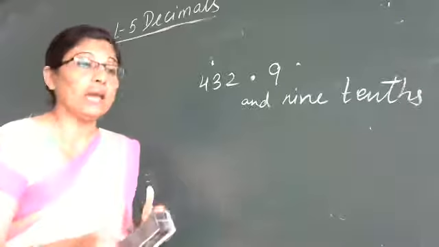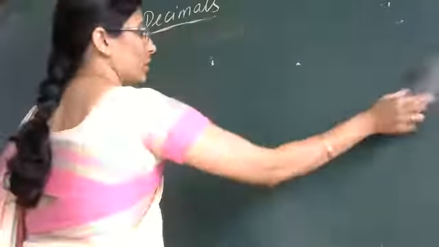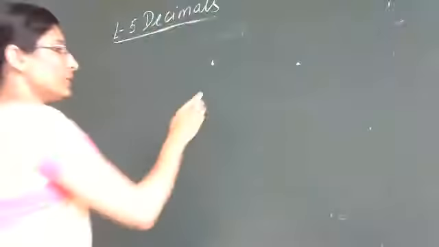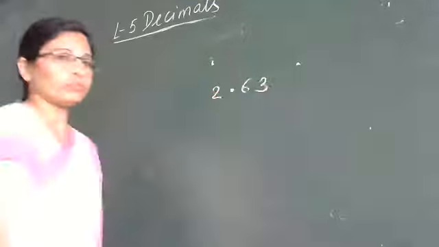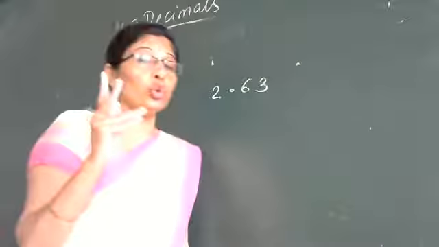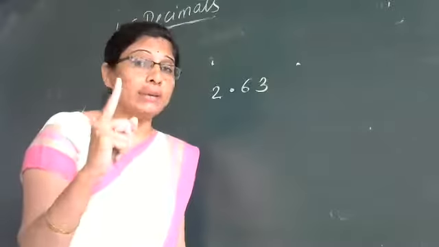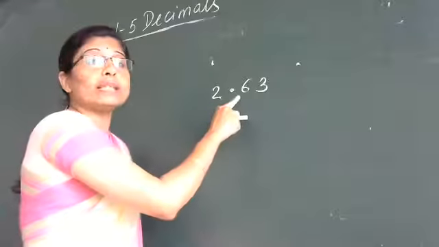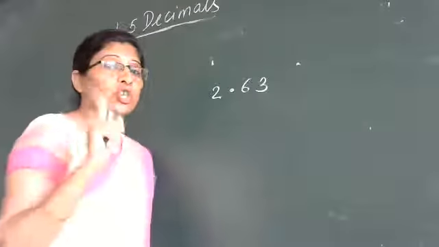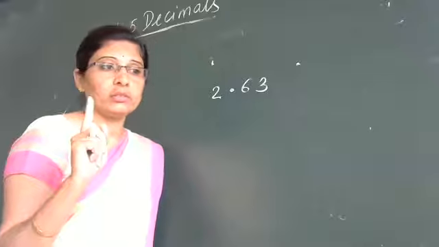Okay, now we will see the hundredths place. Now, if a number is there, 2.63, there are two methods. First method is we have to read 2.63. It's not 63.